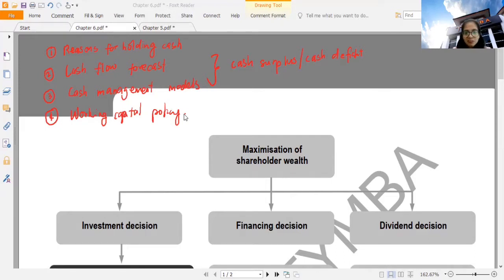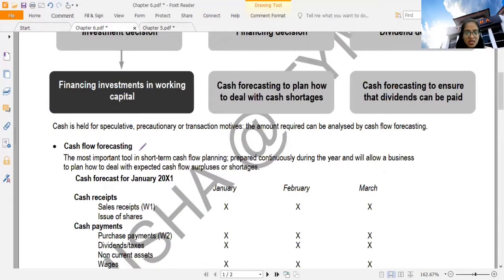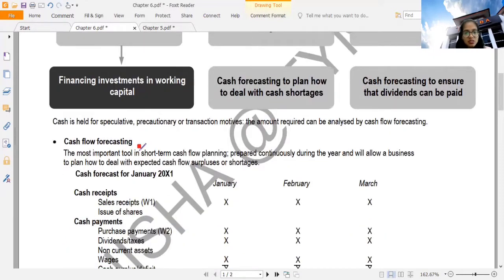When you talk about the transaction motive, it means that this cash is required by the company to be able to meet their day-to-day obligations. You want to have sufficient cash to run your day-to-day operations.